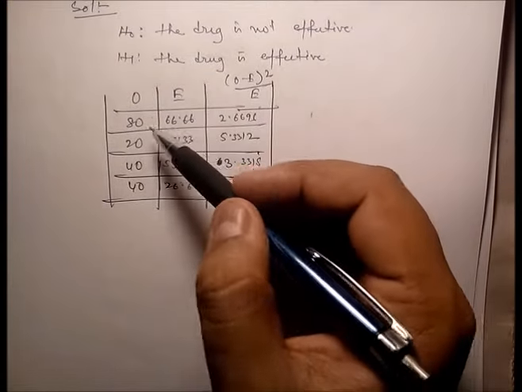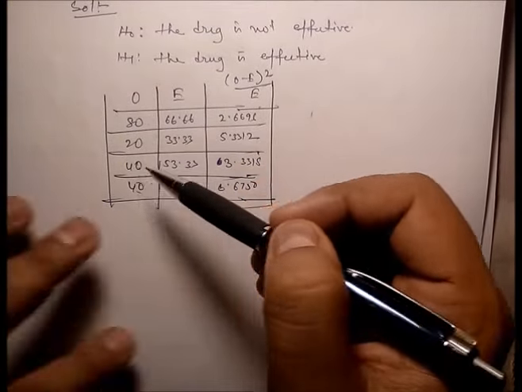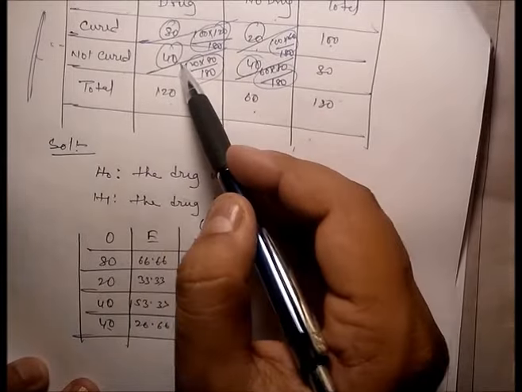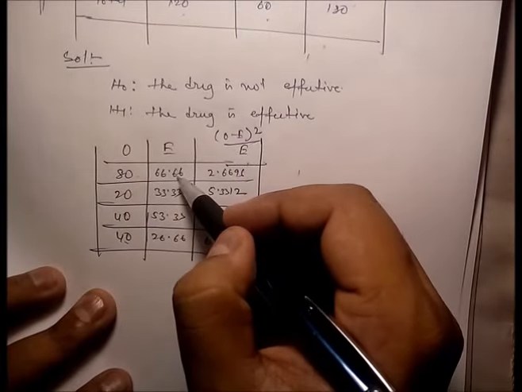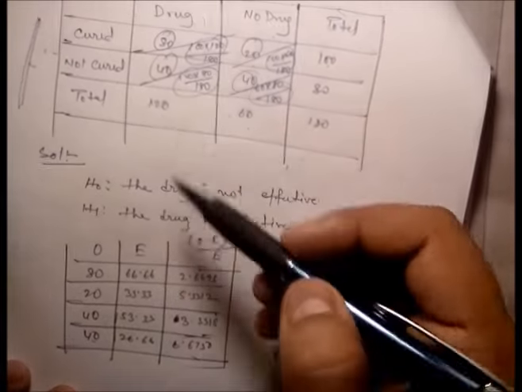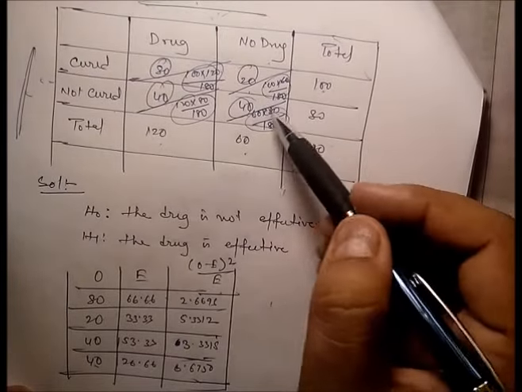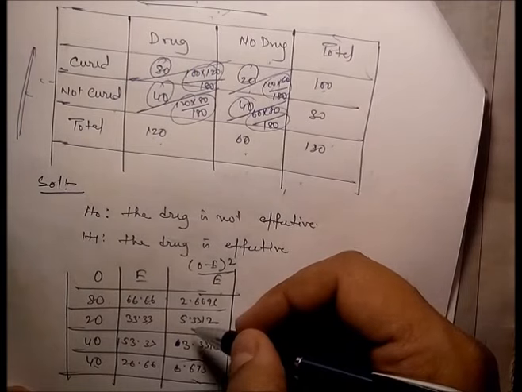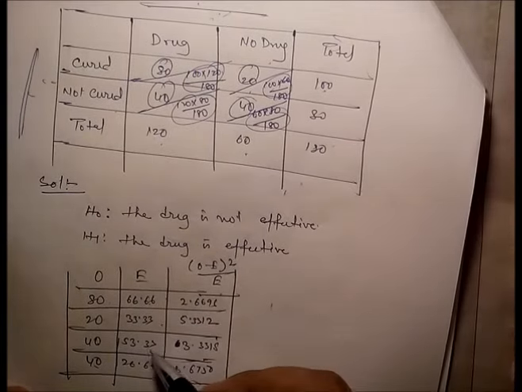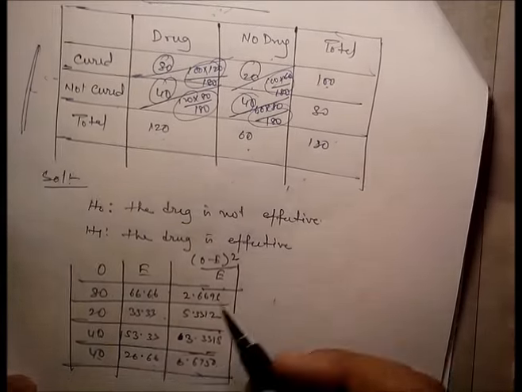Here the observed frequencies are 80, 20, 40, 40, and the expected frequencies are 66.66, and if you solve the others you get 33.33, 53.33 and 26.66.